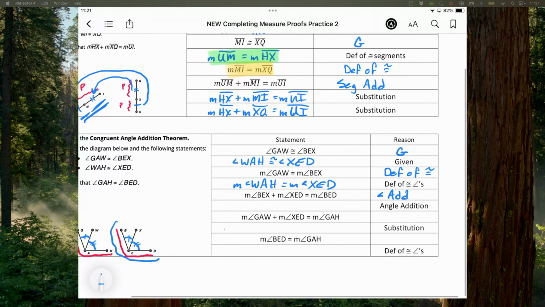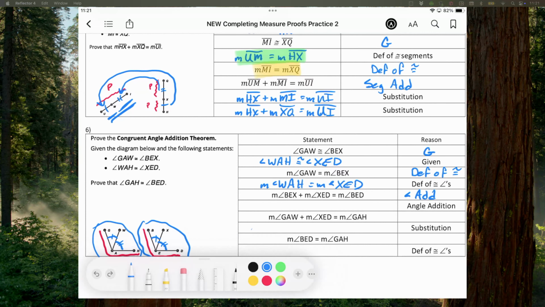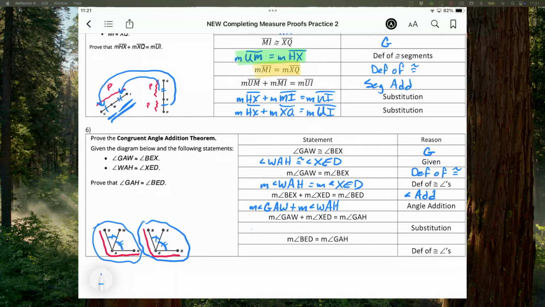Notice this one here on the right. We're going to do the same thing for this one here on the left. We're going to try to match this naming convention. So we're going to say that the measure of angle GAW plus measure of angle WAH is equal to the measure of angle GAH.